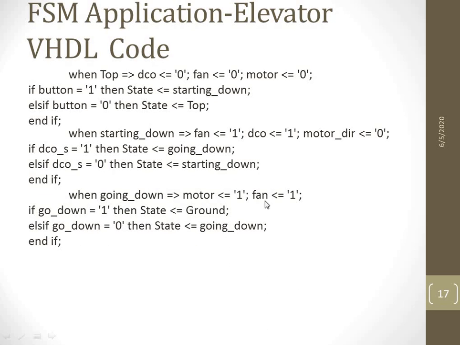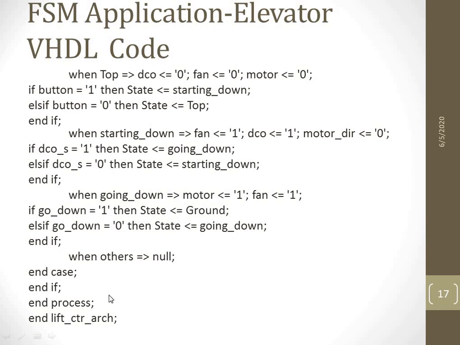When going down again, motor will be 1, fan will be on, and if go down is 1, then it will go to the ground state, otherwise it will indicate going down, that's it. And there is a last condition called others, which should be used in the case statement as null. Then end case, end if, end process, and end architecture.